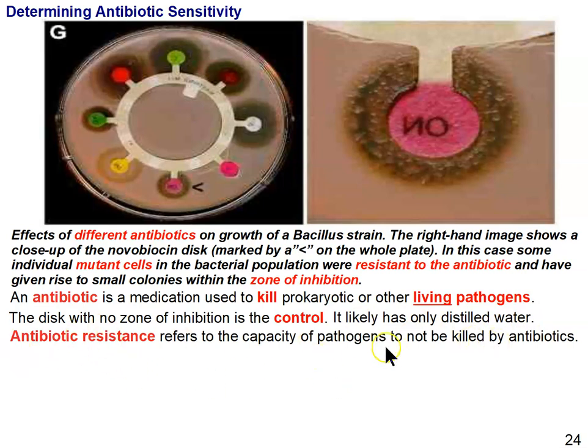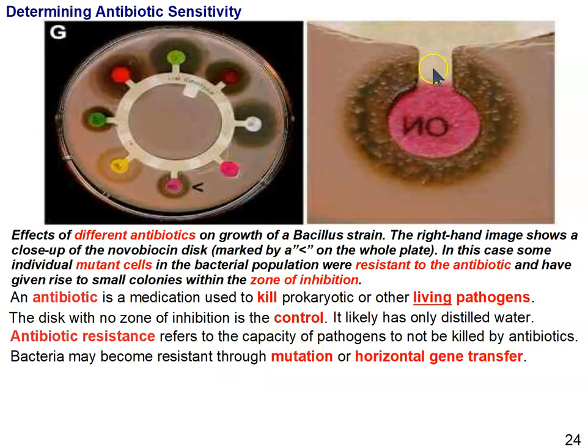Antibiotic resistance refers to the capacity of pathogens to not be killed by antibiotics. It is the ability of a pathogen to resist being killed by an antibiotic, like the novobiocin here. Bacteria may become resistant through mutation or horizontal gene transfer.